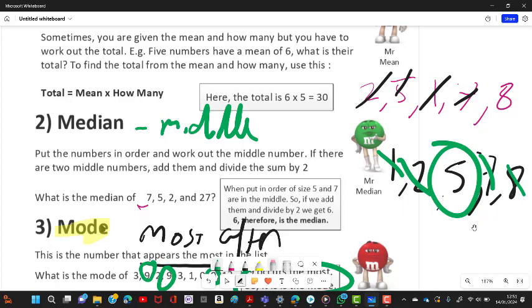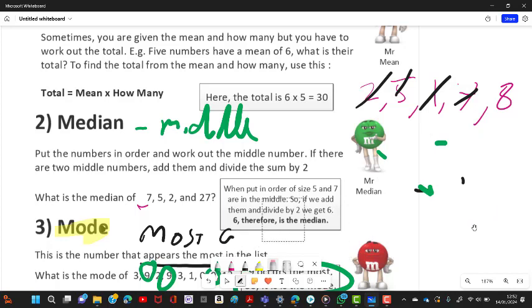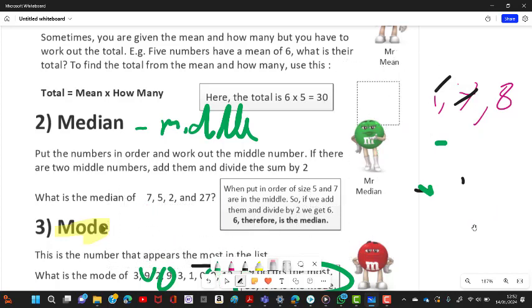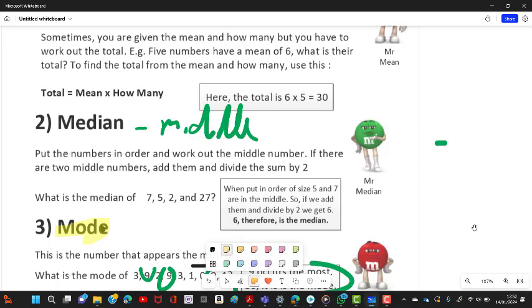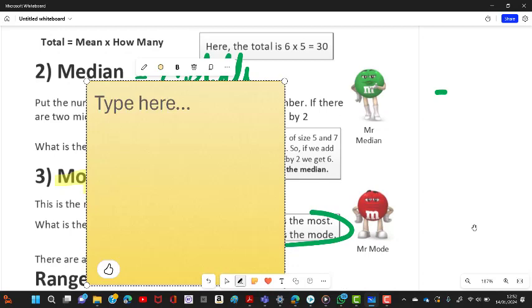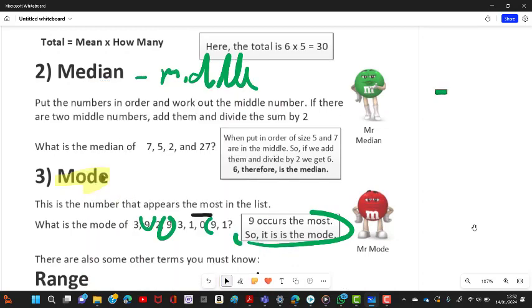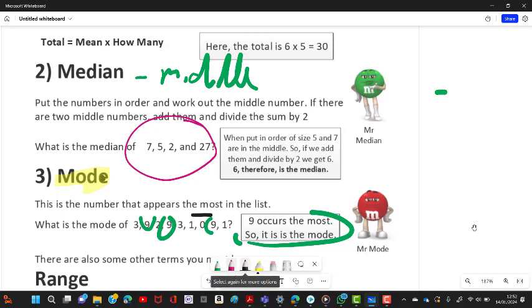Now sometimes you have two numbers in the middle once you put it in size order. So let's take the example on the screen. First of all, let's put it in size order. Most kids again forget to put it in size order, so we cross it off as we go along.